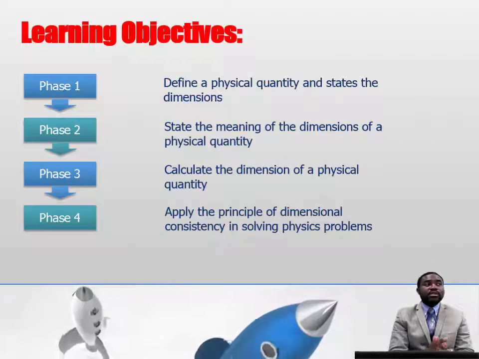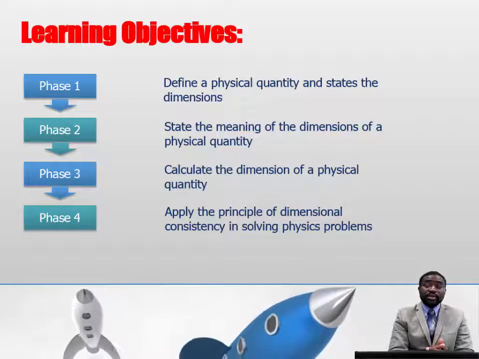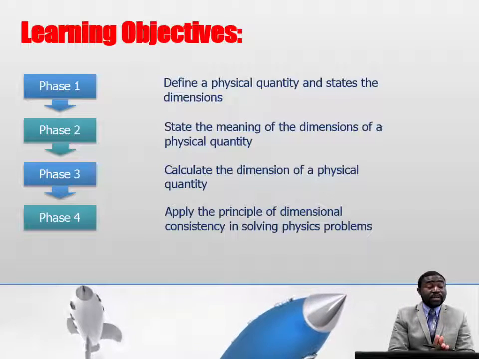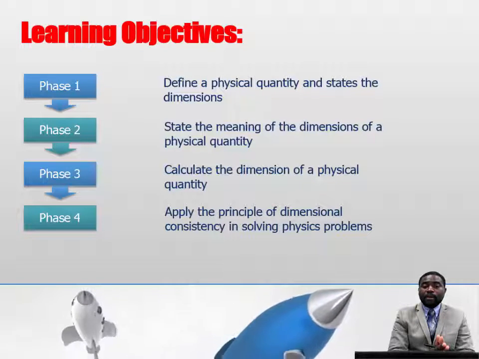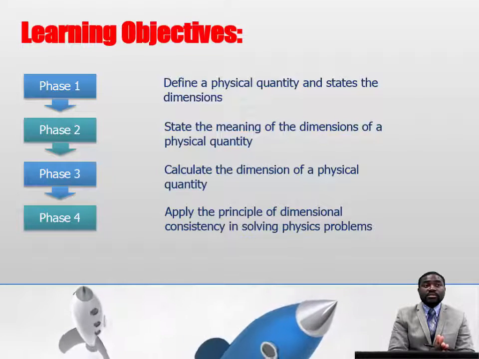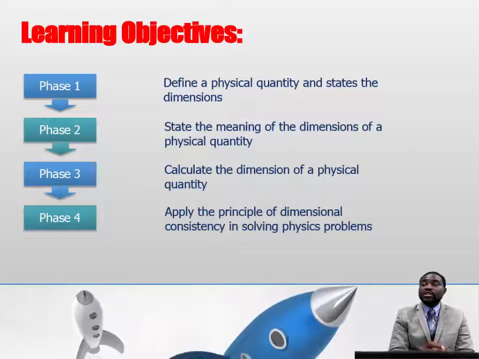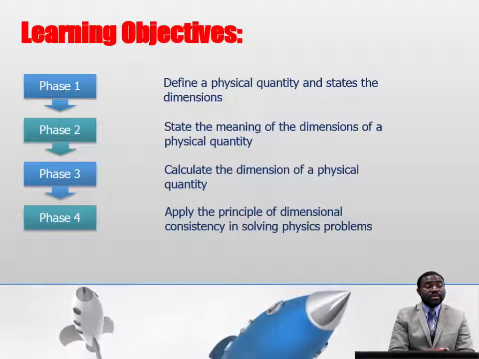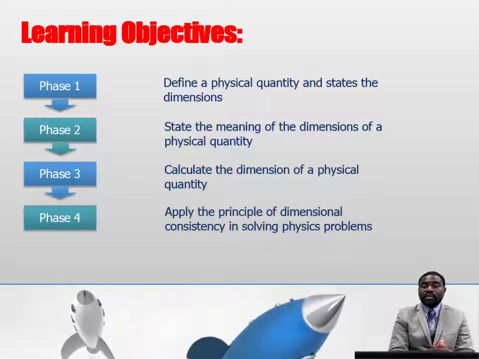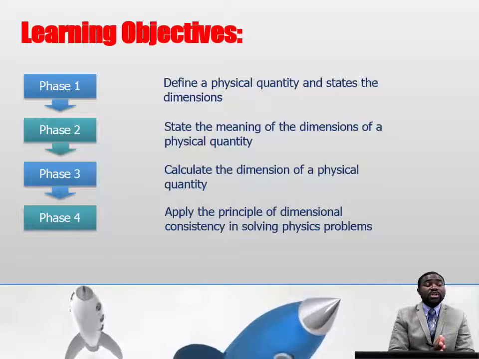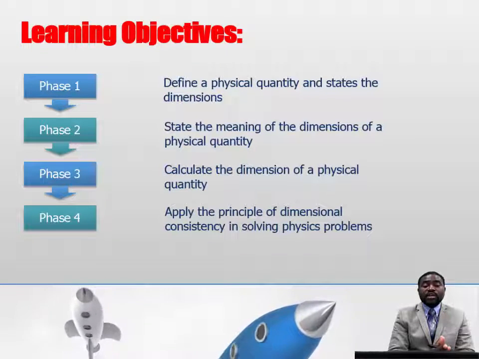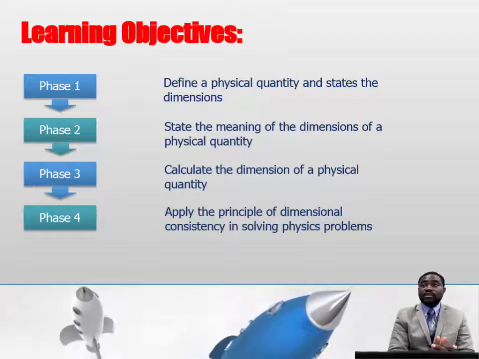There are 4 major objectives of this lesson. By the end of this class, you should be able to: 1, define a physical quantity and state its dimensions; 2, be able to explain the meaning of the dimension of a physical quantity; 3, be able to calculate the dimensions of a physical quantity; and 4, which is the most important, be able to apply the method or principle of dimensional analysis in solving physics problems.